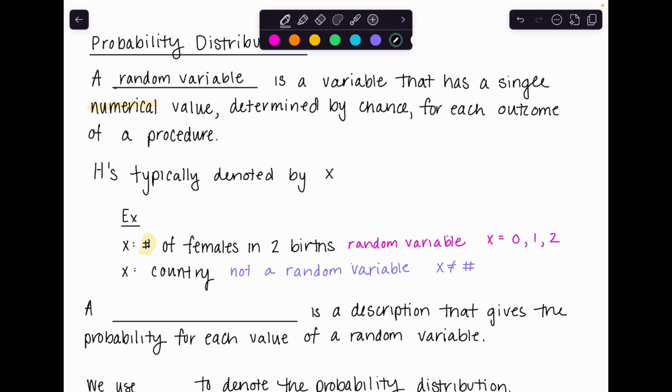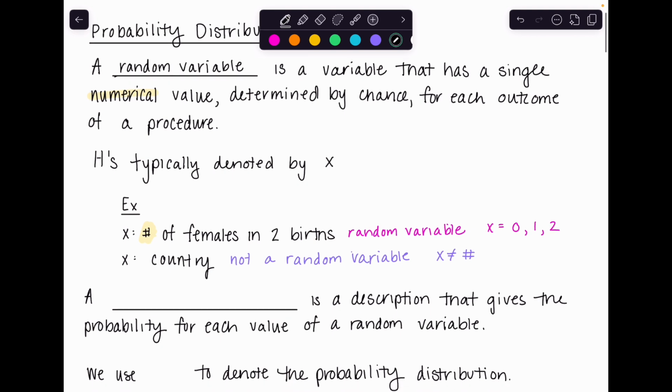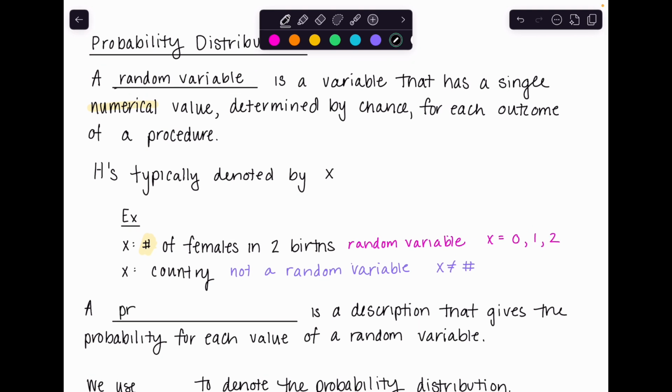The way we're going to be able to visualize that chance is using a probability distribution. So a probability distribution is a description that gives a probability for each value of a random variable.